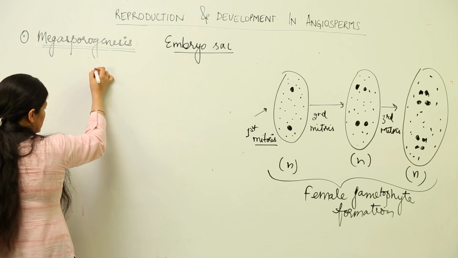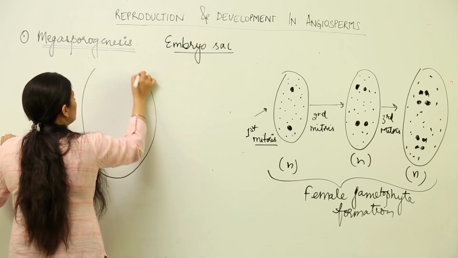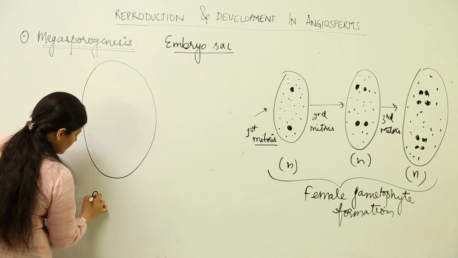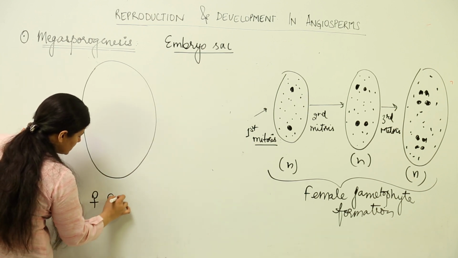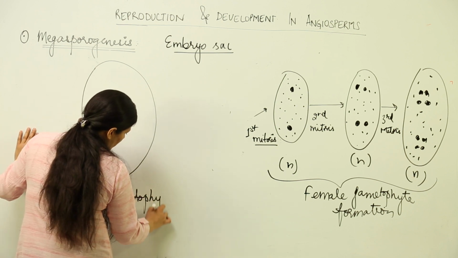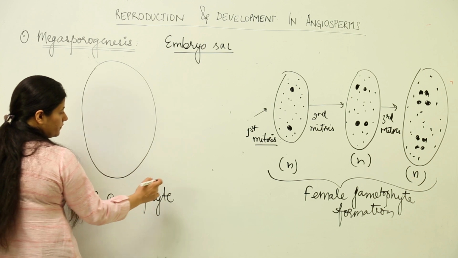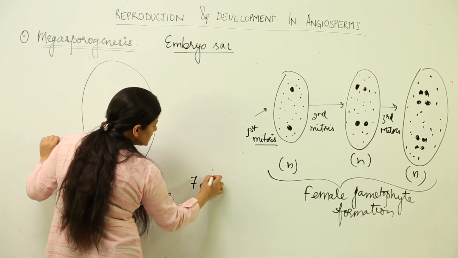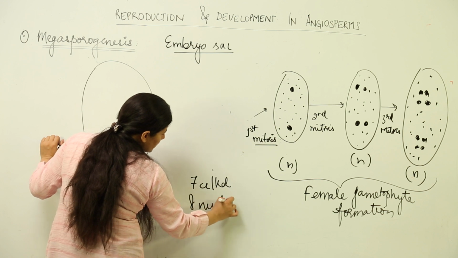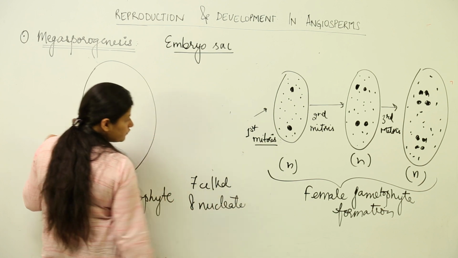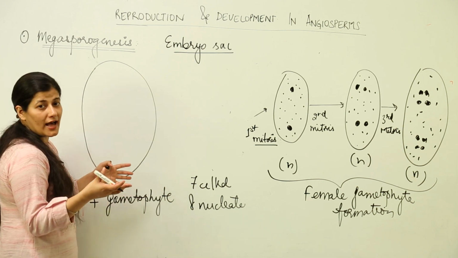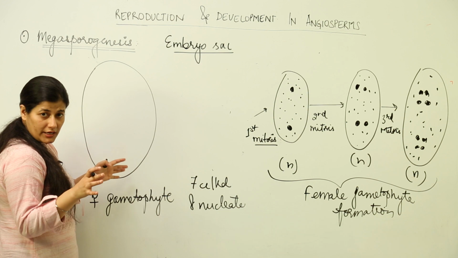Now, what happens is, when we have the actual female gametophyte that we aimed at achieving when we started with this process, it has to be 7-celled 8 nucleate. This gametophyte that is under formation in particular needs to have a female gamete, that is the egg.